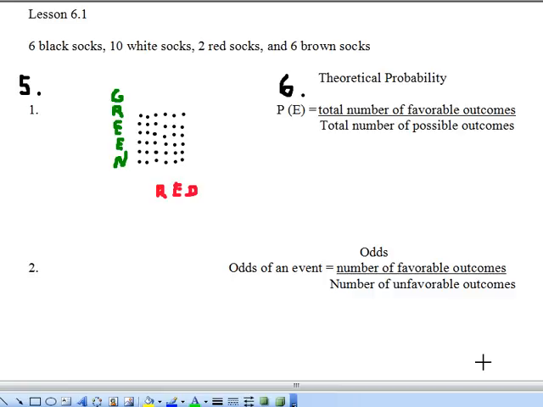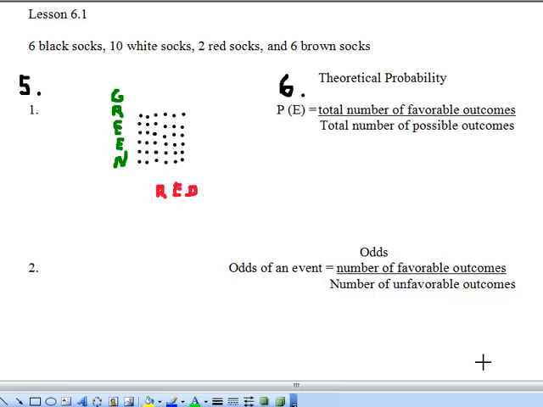So that 976 is the total number of times that the event happened, the total number of times that a game was returned with missing pieces. And that is equal to about 13.4%.